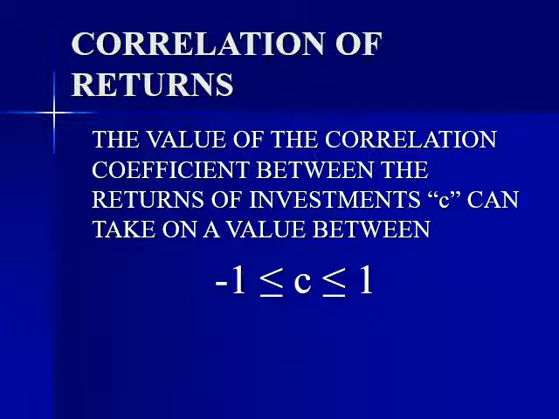If it is 1, it means that they're perfectly positively correlated. So if one goes 10% up, the other one goes 10% up. And then whatever's in between. You can have components that are negatively correlated, but not perfectly negatively correlated, or positively correlated, but not perfectly positively correlated.